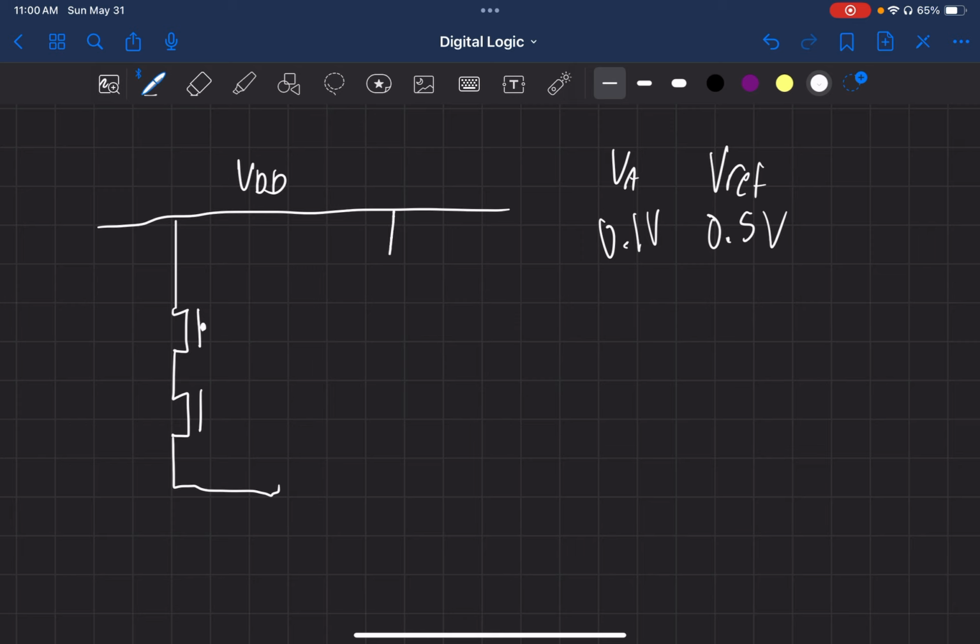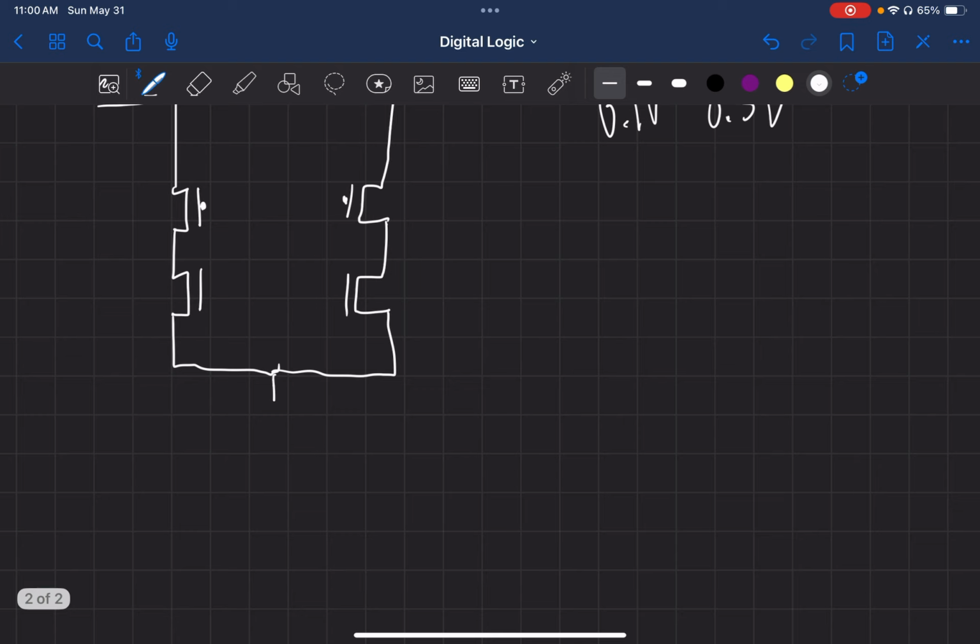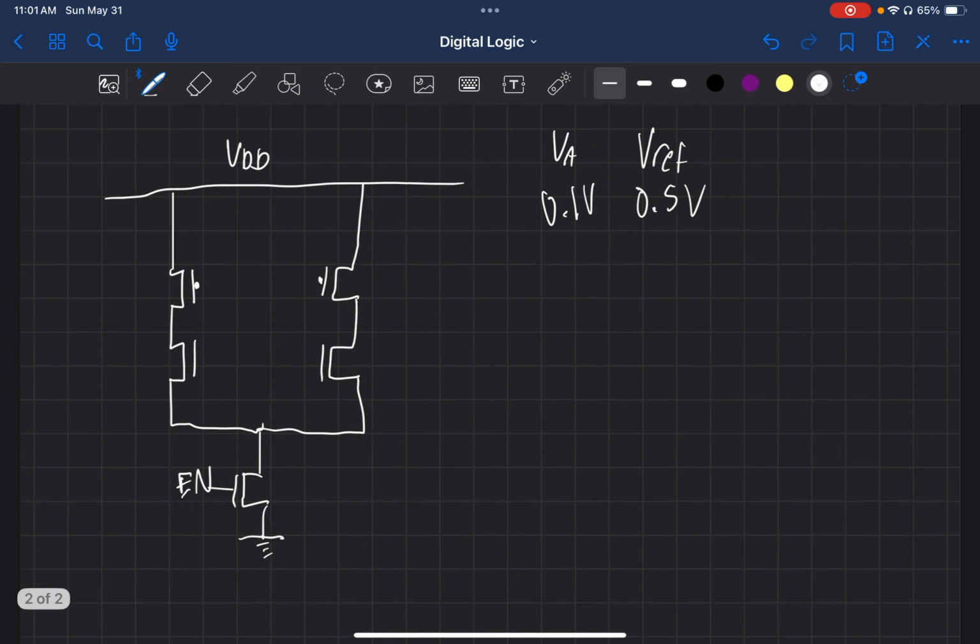And we're going to have an inverter here. And we'll have some sort of enable. This one is not too important. But this is the main structure.